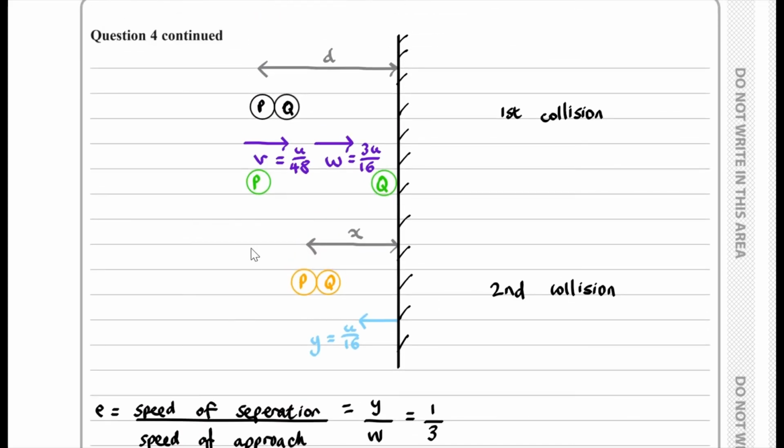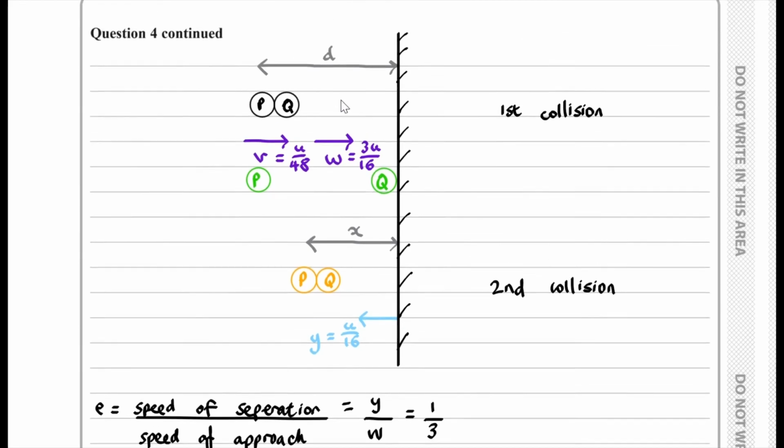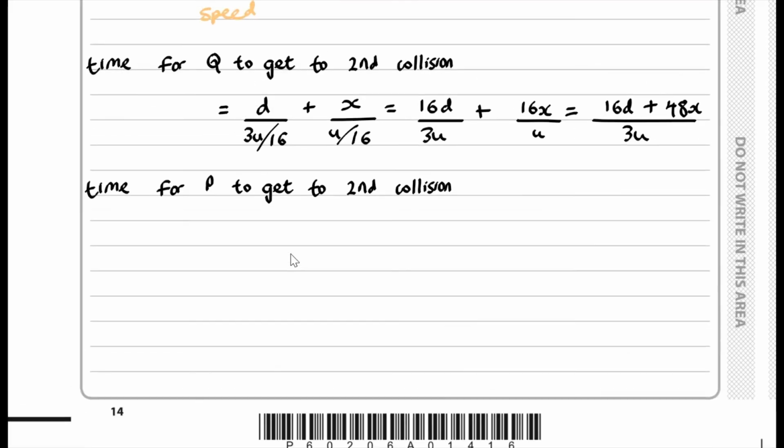And you have to be a bit careful over here. The distance would be d minus x, and hopefully you can see why that is to get over here. And the speed at which it's going there is u over 48. So this time is equal to d minus x, that's the distance, over u over 48.